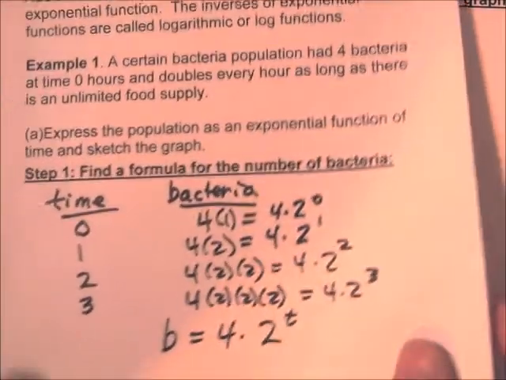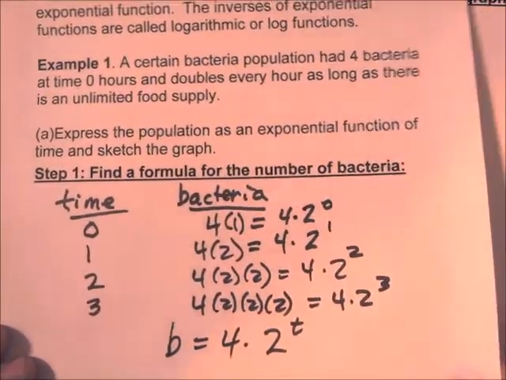So we want to make a table of values, and I'm going to use smaller values because some of these numbers are getting to be pretty big. So for purposes of graphing, I'm going to pick some smaller numbers for t.